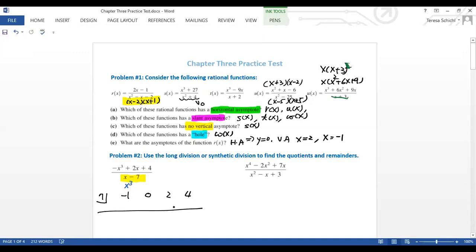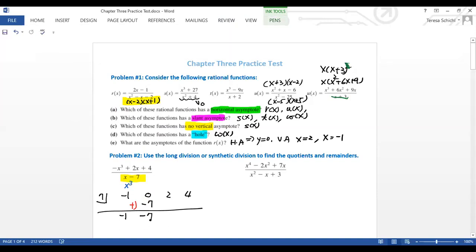So for the synthetic, you move the negative 1 down. Then 7 times negative 1 is negative 7. Remember, synthetic is good because you use addition. You add this together and it's a lot easier, so you don't need to worry about the negative issue.